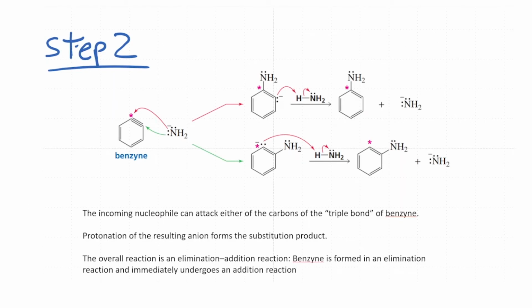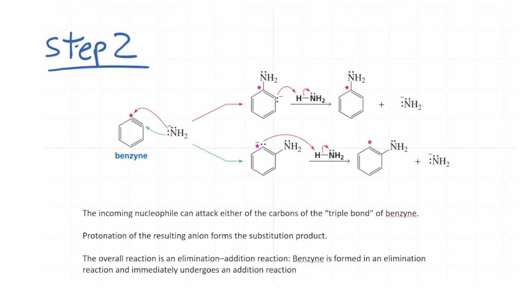So as you can see here, the incoming nucleophile can attack on either of the carbons of the triple bond. So in the red case, where NH2 minus attacks on the carbon with the label, then the amine ends up on the carbon attached to the carbon with the label.